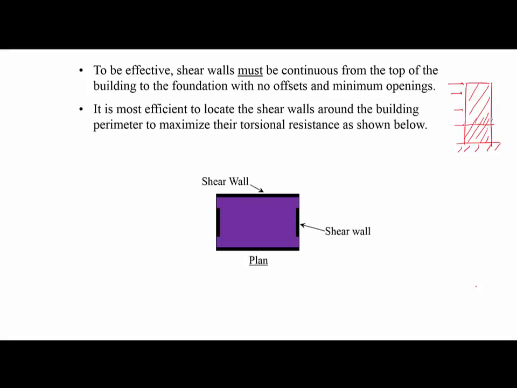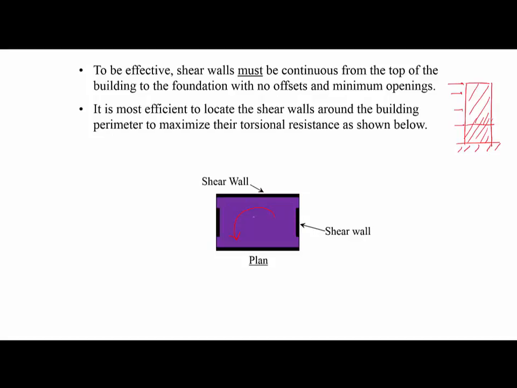It is also most efficient to locate the shear walls around the building perimeter to maximize their torsional resistance. If you have any shear wall, it's best to place them in the perimeter of the building, so that if you have any twisting or rotation of the building, they can provide the most resistance.